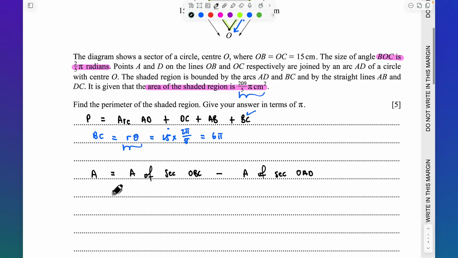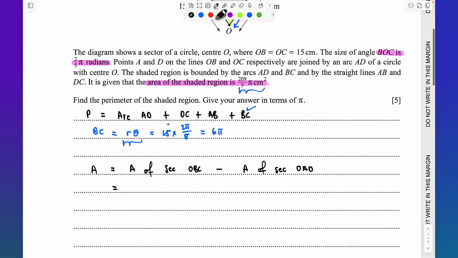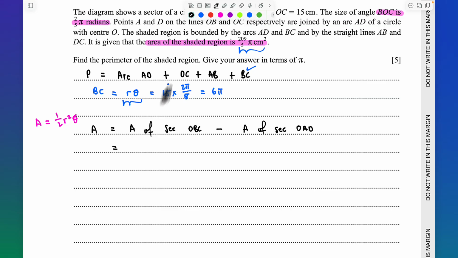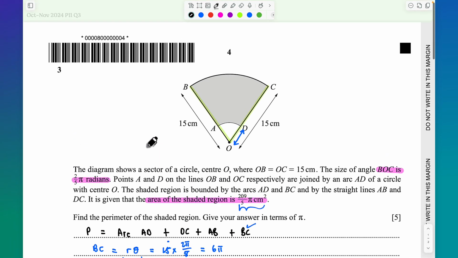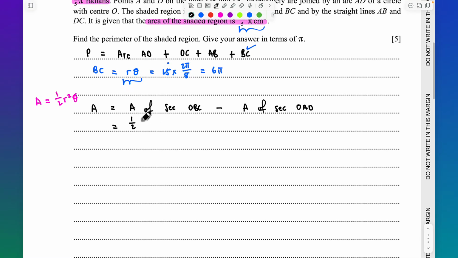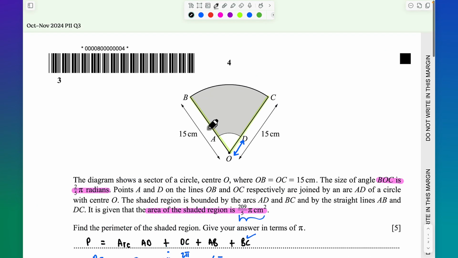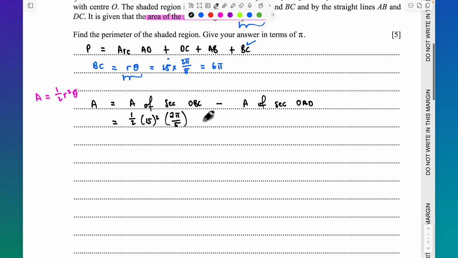So how do you get the area? Let's just write down the formula in general. The formula of the area of a sector is half r squared theta. So for the sector OBC, we have half, and we still have the radius, which is perfect. The radius is 15, so we can say 15 squared multiplied by theta, which is 2 pi over 5 radians, minus.